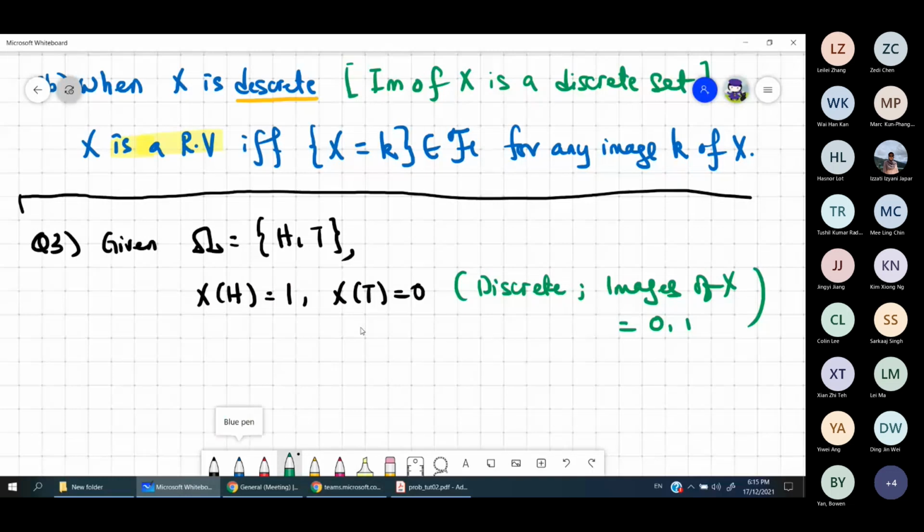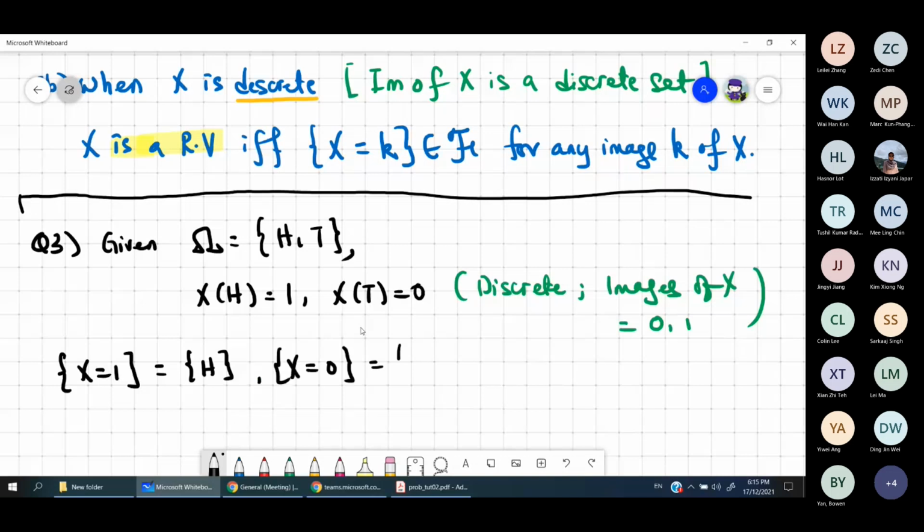All right, so then what we can see, this is the case. Now we can look at it. X equals 1 because H is 1, so that is {H}, and the pre-image for 0 will be {T}, because there's only one possibility here. So we have these 2.